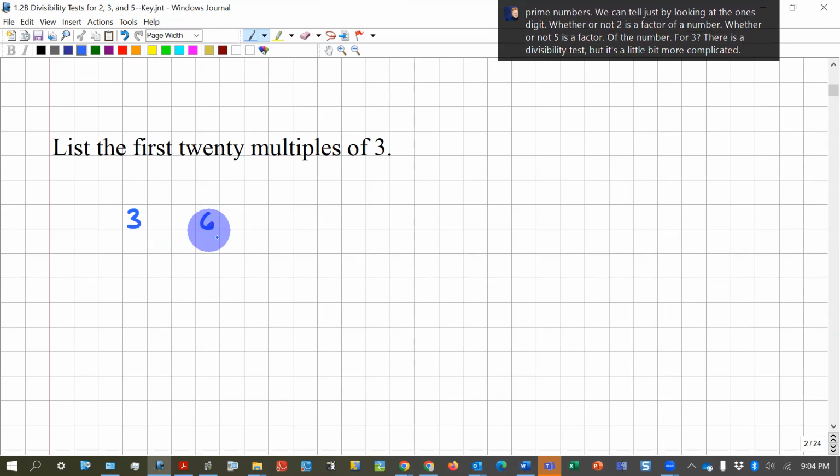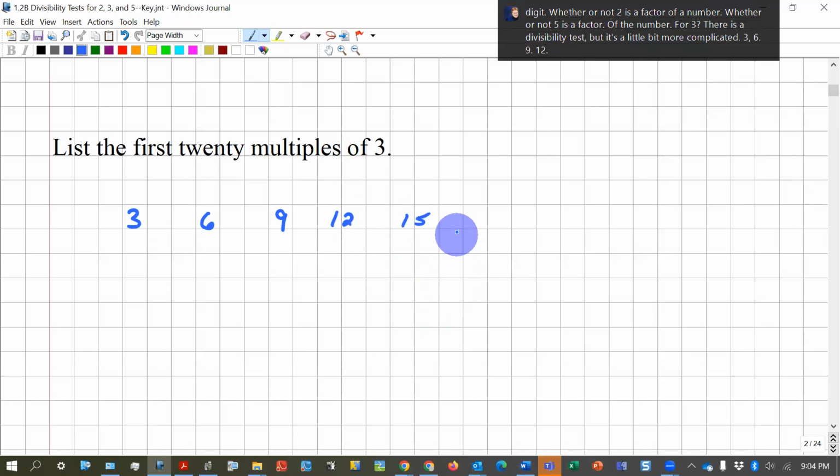3, 6, 9, 12, 15, 18, 21, 24, 27, and 30.